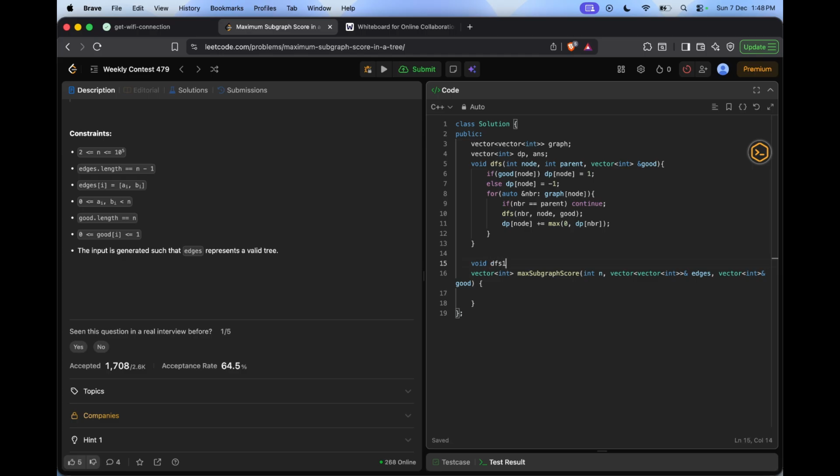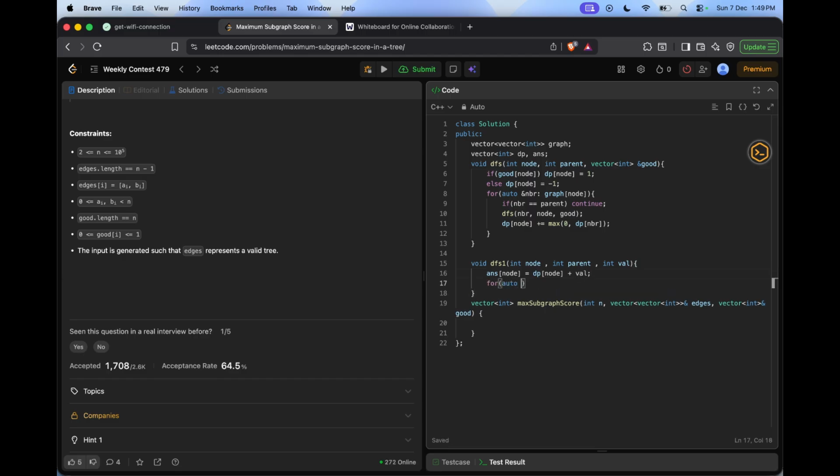Now DFS 1 takes node and parent, along with the contribution from the parent value itself. Now what does the answer at node represent? It is represented by DP at node, that is its subtree contribution, plus its parent contribution, which is val.